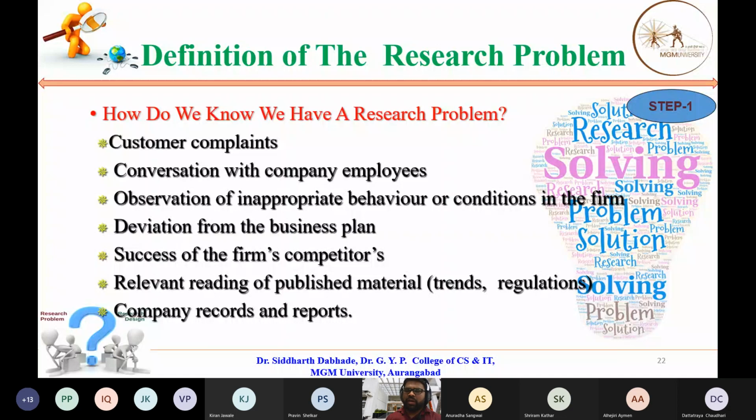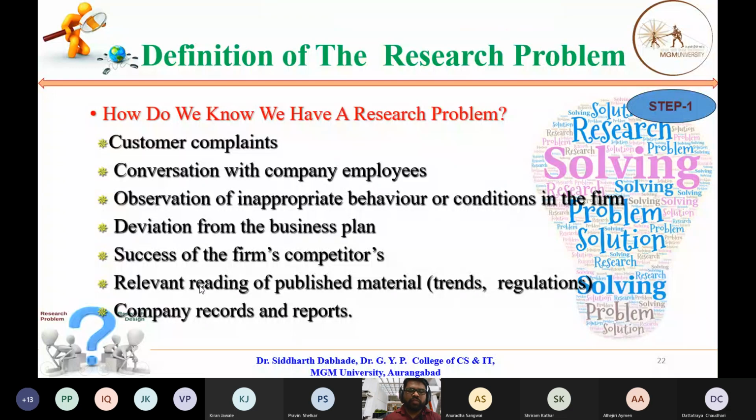How will we be after 10 years, after 20 years? What will be the changing requirements of your customers? Like this, you need to discuss with your employer and tackle the research problem, and on the basis of that, you need to set your research goal.